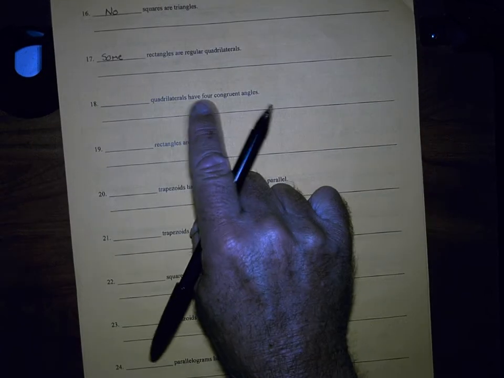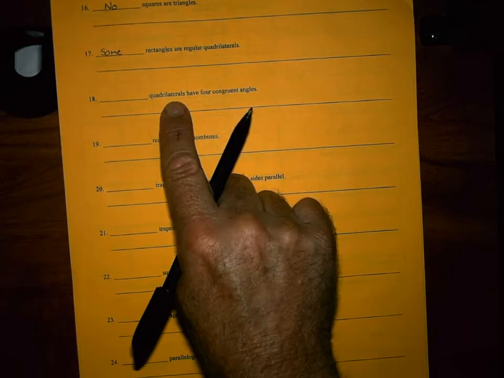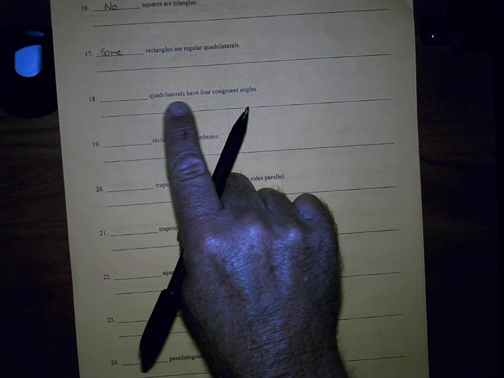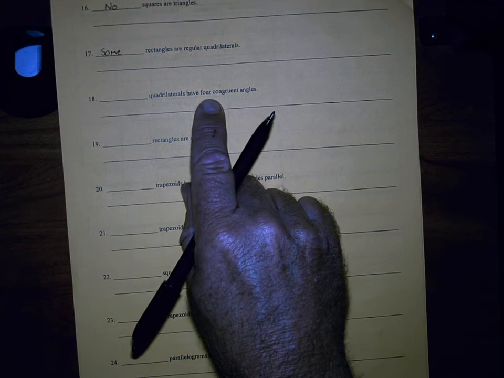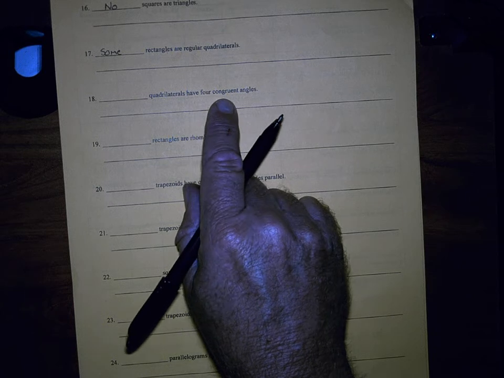Number 18, quadrilaterals have 4 congruent angles. So remember, now when we do that one, we only mention one shape, quadrilateral. And then we're going to answer yes or no for every shape below quadrilateral as if they have 4 congruent angles.